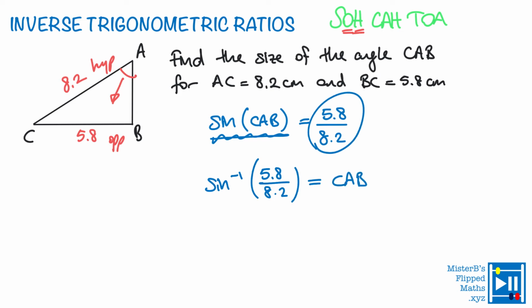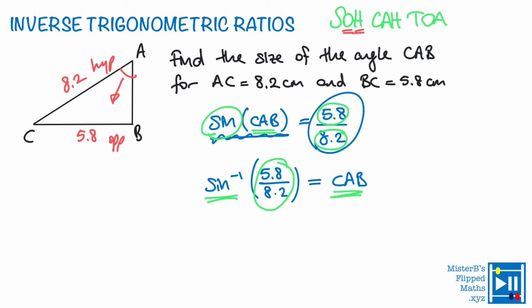So here I substitute the angle size into the trigonometric ratio to find the missing side, and in the inverse trigonometric ratio, I write the ratio of the side lengths into the inverse to find the angle.